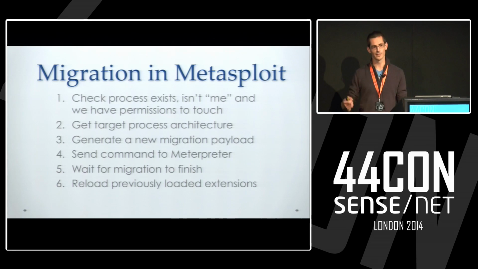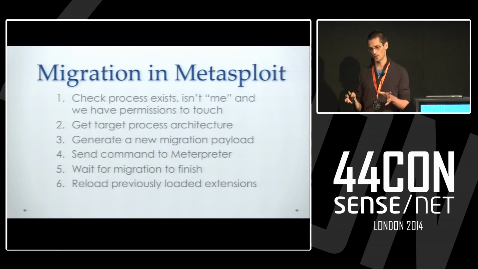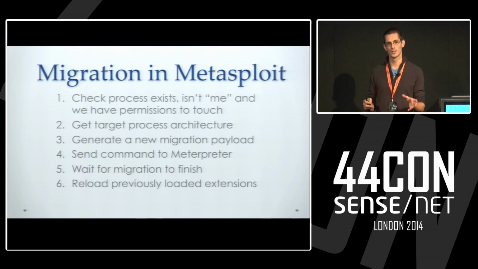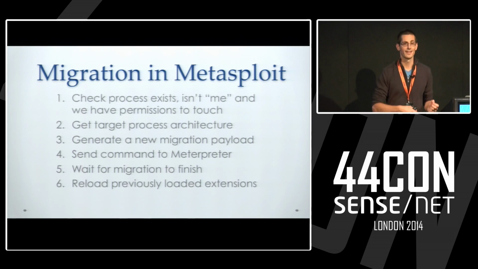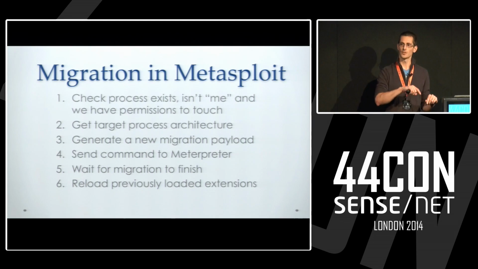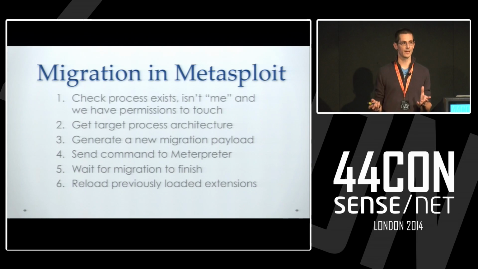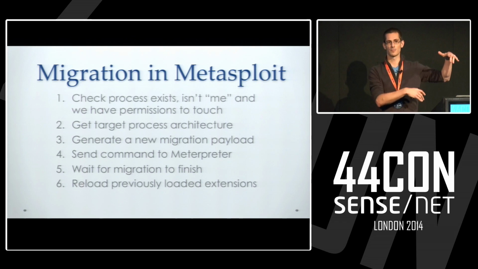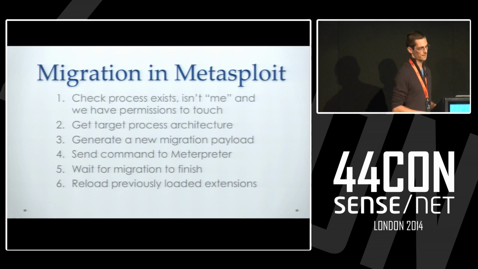But in order to do that, we need to know what we're migrating to. Once we've done that, we generate a new payload that is specific to the architecture of the process that we're going to jump to, and that gets shipped up. So that's why there's that little bit of time at the start. When you type migrate, it's actually sending metserve up again. And we have to do that because we can't copy ourselves out of memory, because we might be changing architectures as we're jumping across process boundaries.